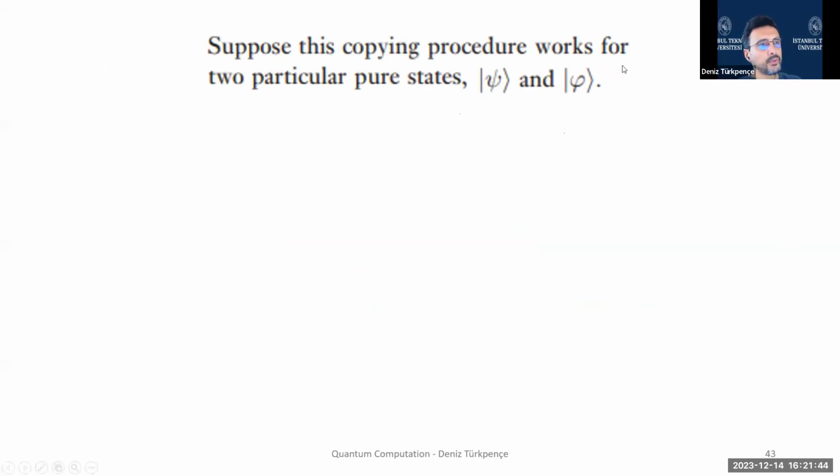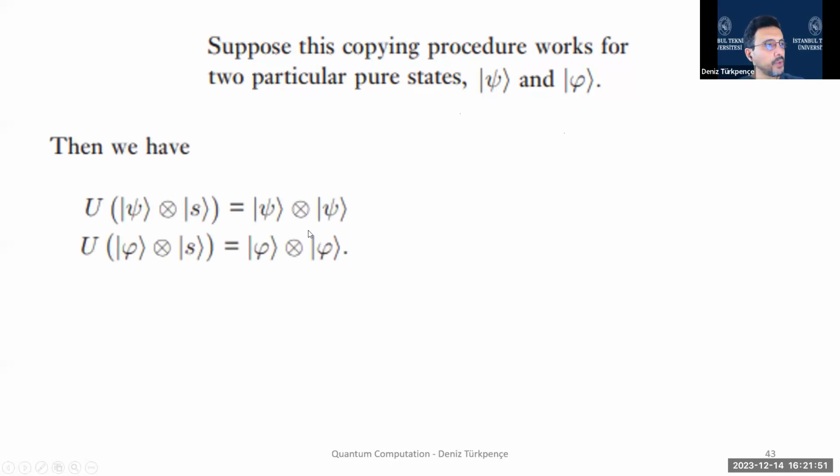Suppose this copying procedure works for 2 particular pure states, phi and psi, okay? Then we should have the same for this, okay? U acting on this initial state, and I have psi, or U acting on this phi S state, and I should obtain phi. Okay. Now assume that I inner product these 2 equations from the left.